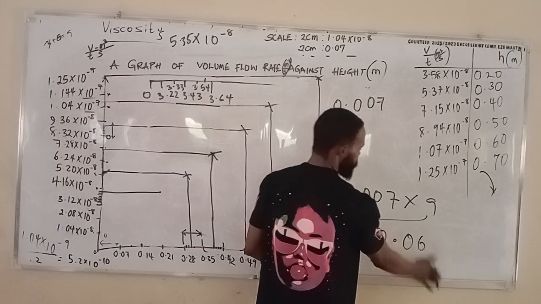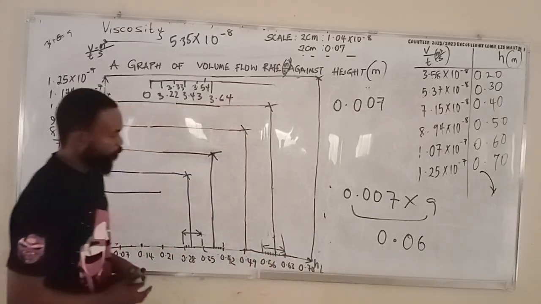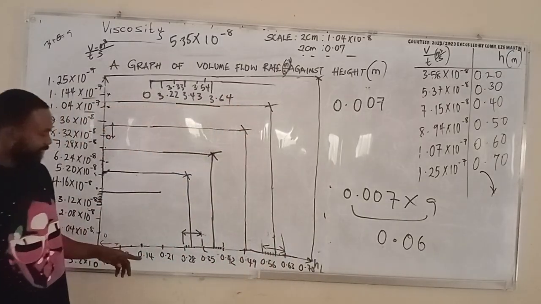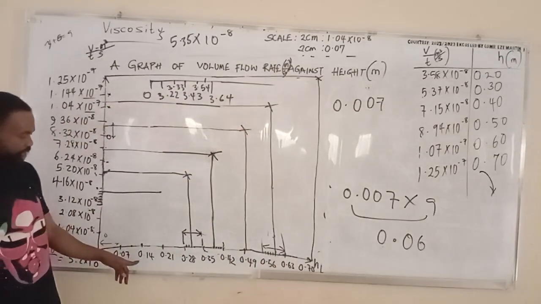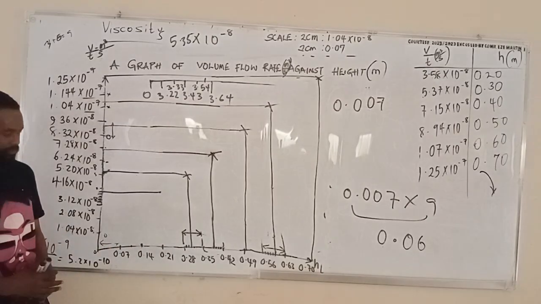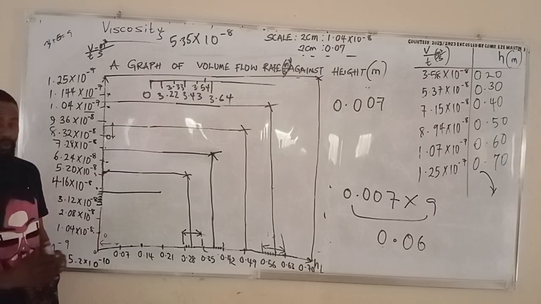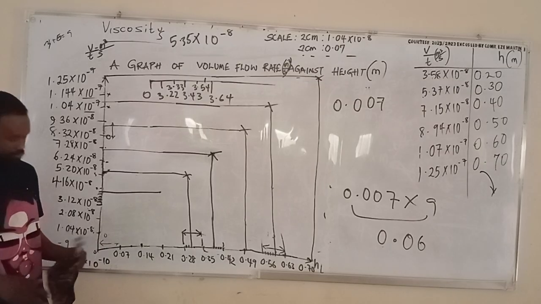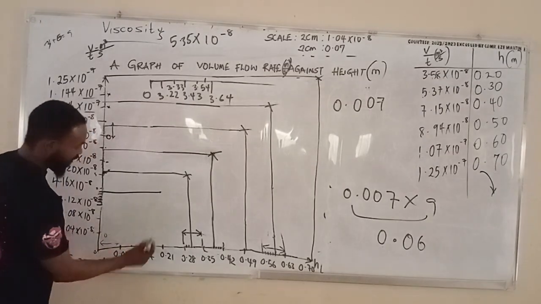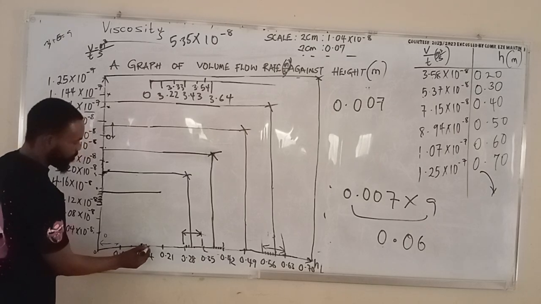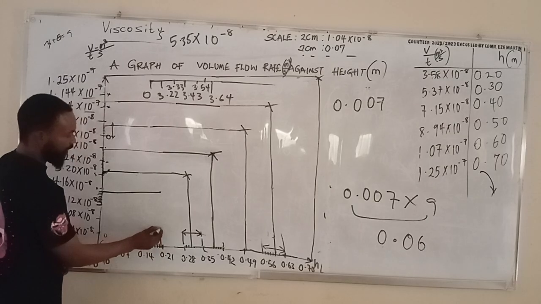Is it what you have? This is approximately 0.06. Add that thing, 0.06 to 0.14, let's see what you have. 0.203, which is approximately 0.2. Very simple. So at the 9th point, 1, 2, 3, 4, 5, 6, 7, 8, 9.